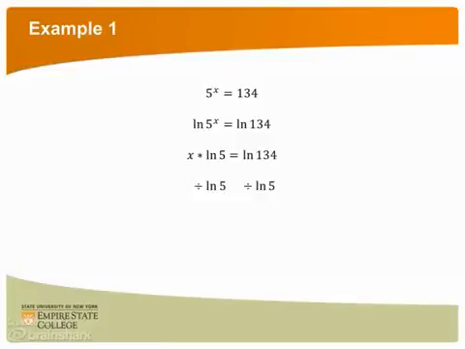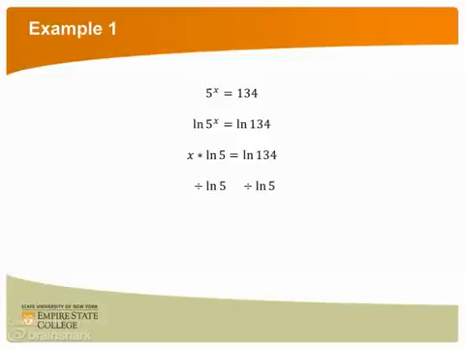While we could find the natural logarithms of 5 and 134, those numbers are irrational decimals. We want to remain exact in our calculations as long as possible and only have to round values one time. So we will leave our expressions in terms of the natural logarithms.